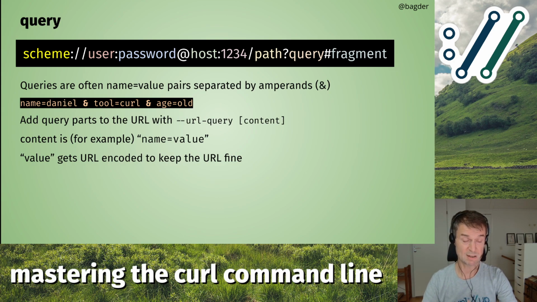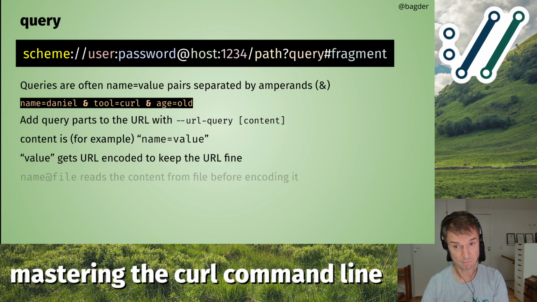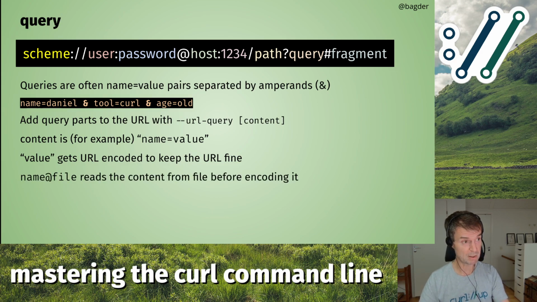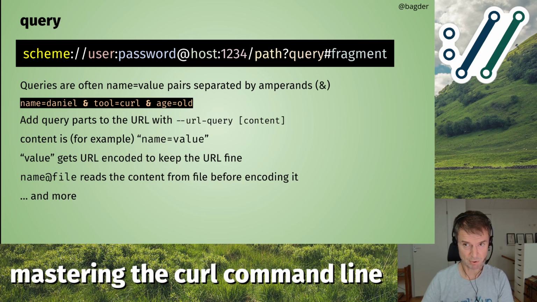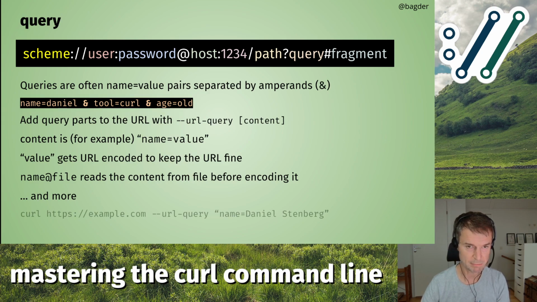And it then gets URL encoded suitably to work correctly. URL encoded meaning that it encodes it with a character set and percent encodes it if it needs to, if it would contain some other funky letters that otherwise couldn't work in a URL. And you can also read contents from a file and so on. So it helps you create that query if you want to do query things in your script.